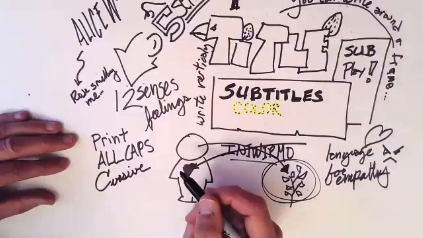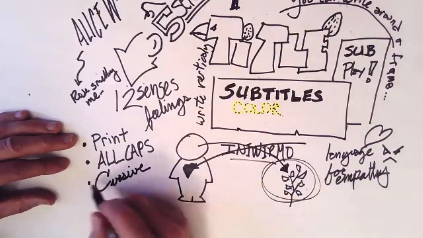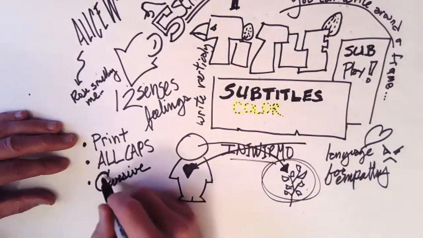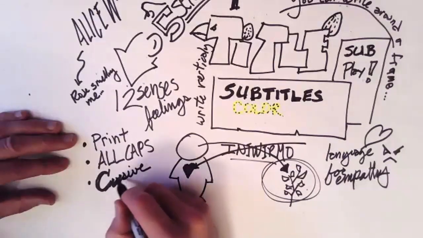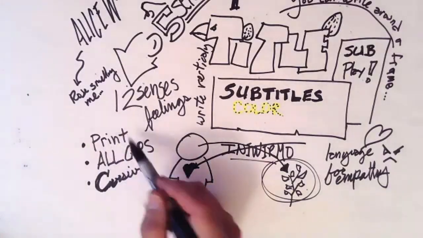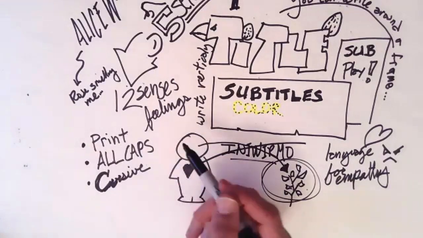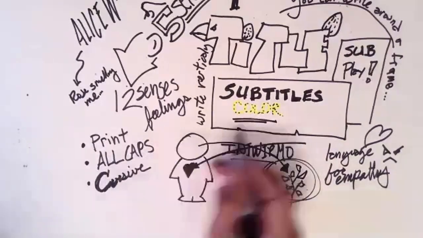You can write in cursive. You can then bold parts of that, right? So just with how you're writing and where you're writing, you can do all caps in a different color.